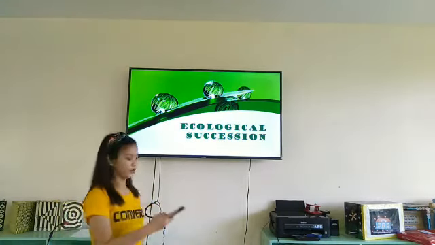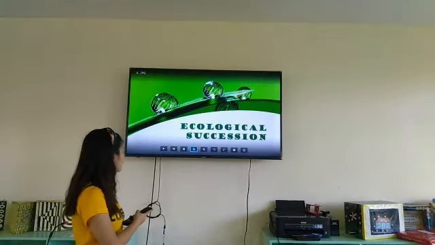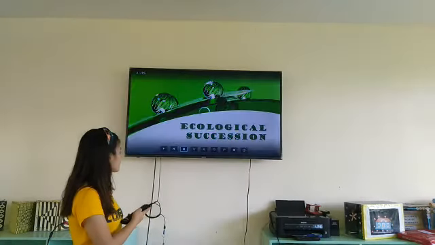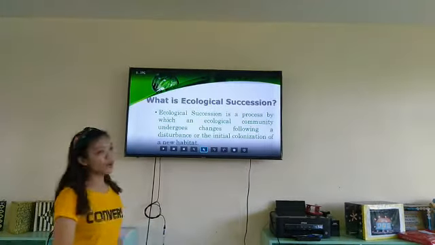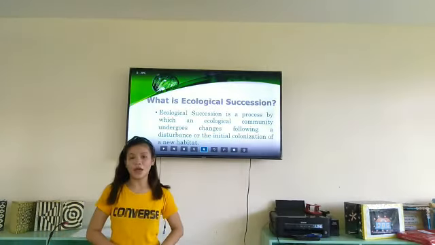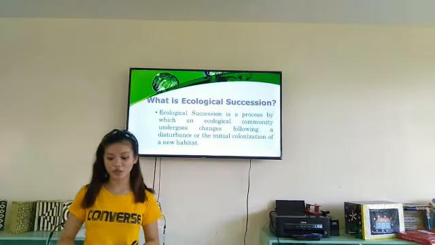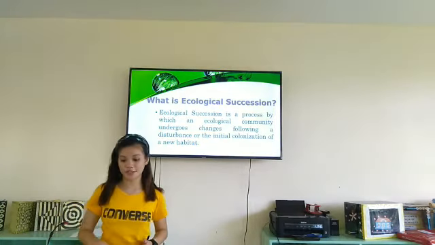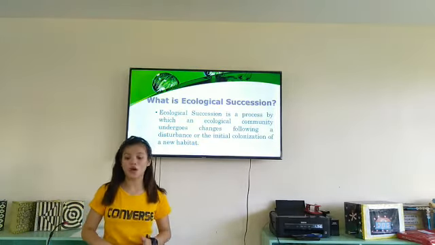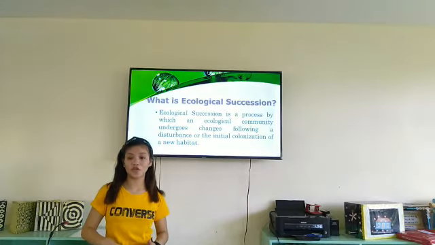Ecological succession. What is ecological succession? Ecological succession is a process by which an ecological community undergoes changes following a disturbance or the initial colonization of a new habitat.